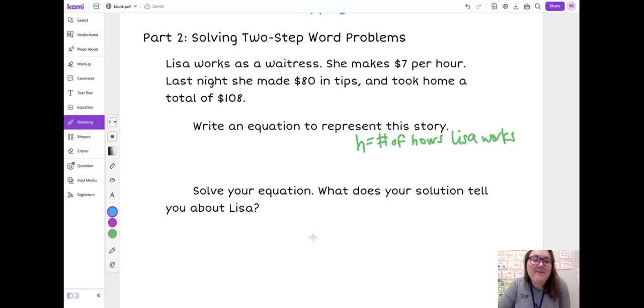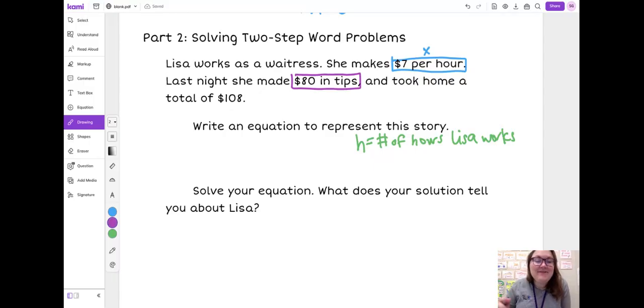When we talk about the math the story is describing, we still have that $7 per hour, and that is still multiplication. She makes $7 every single hour she works. This story also mentions that she made $80 in tips. When you make tips, that's extra money.